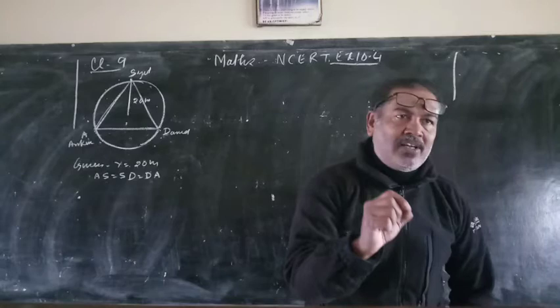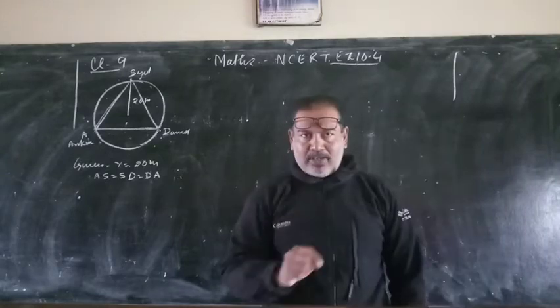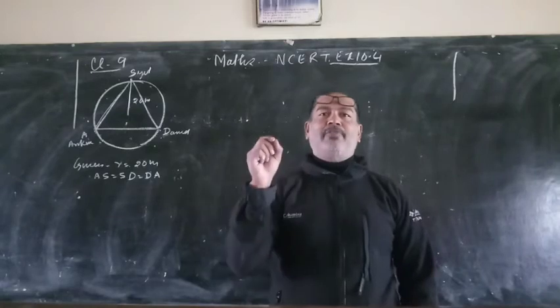What I have mentioned, children? If a circumscribed circle is drawn, its center is the centroid of the triangle.